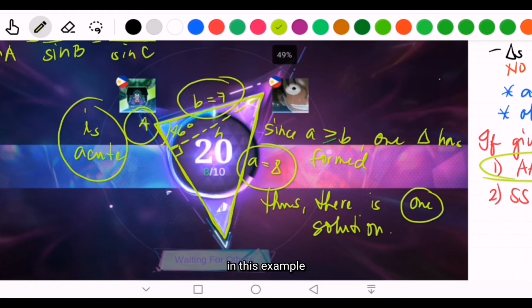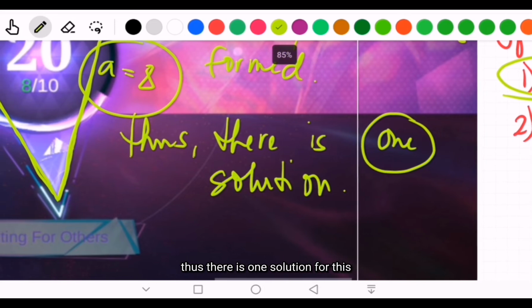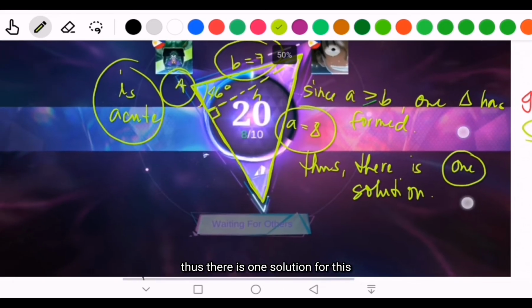In this example, if we compare side A and side B, we will notice that 8 is greater than 7. So A is greater than B. Since the case is A is greater than or equal to B, one triangle has formed. Thus, there is one solution for this.